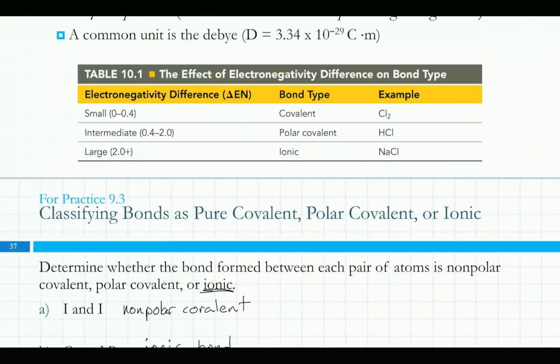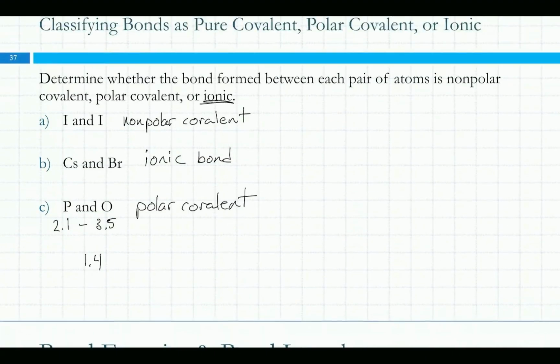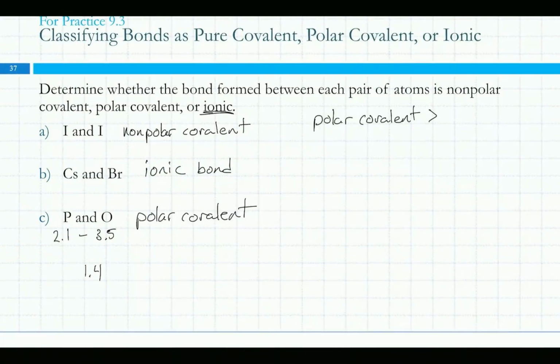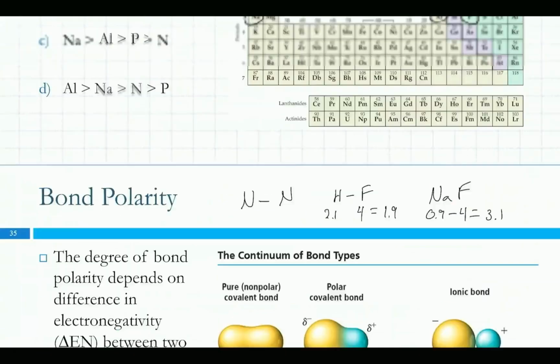I think polar covalent is greater than 0.4, and it would be less than 2. So there are some combinations on the periodic table that would give us something that's going to be nonpolar covalent between two different elements.